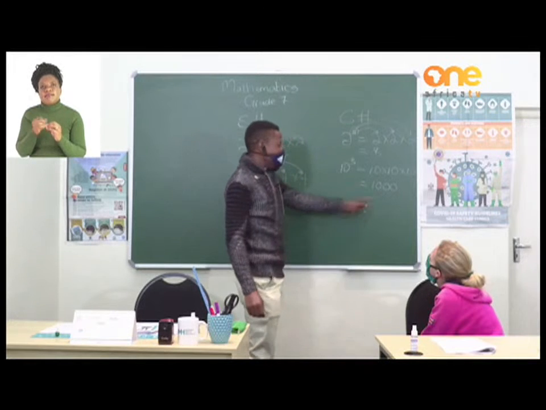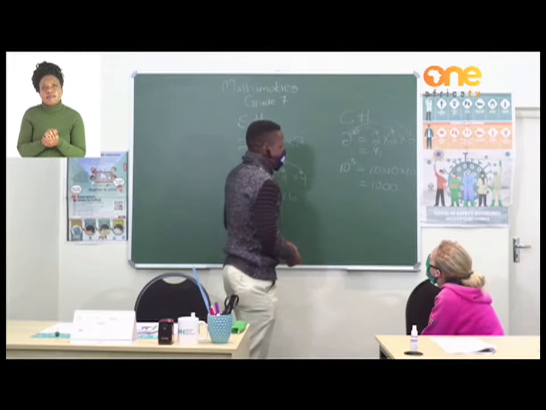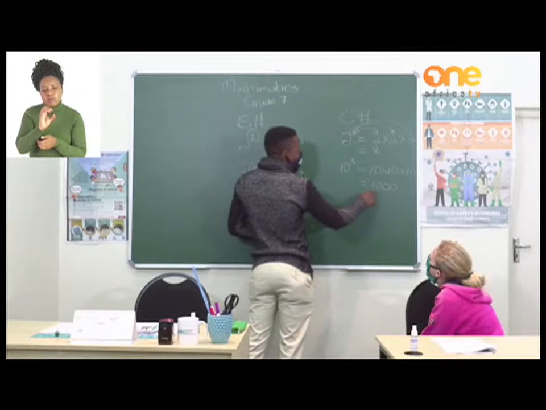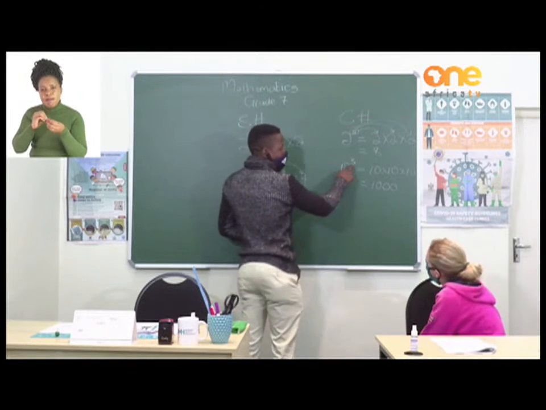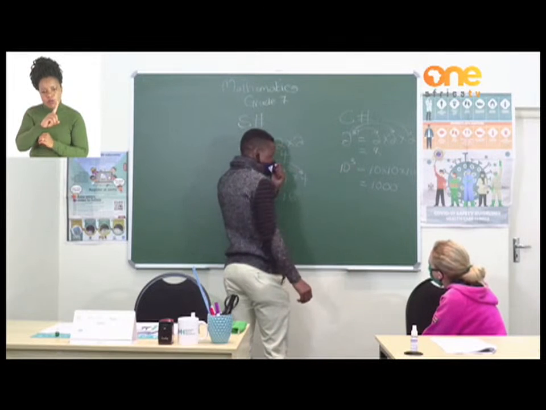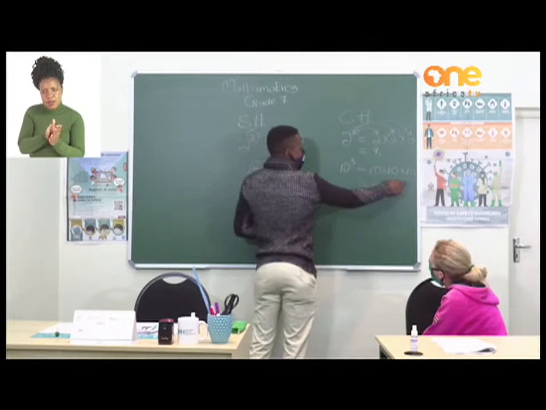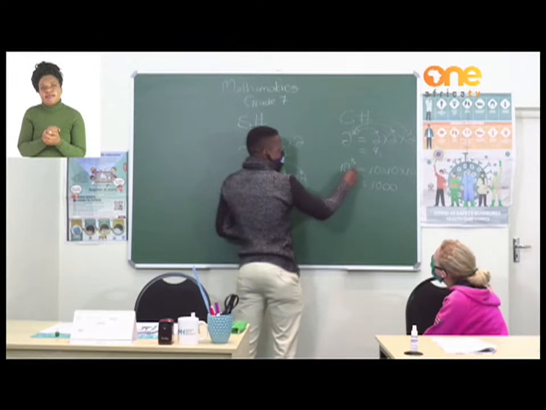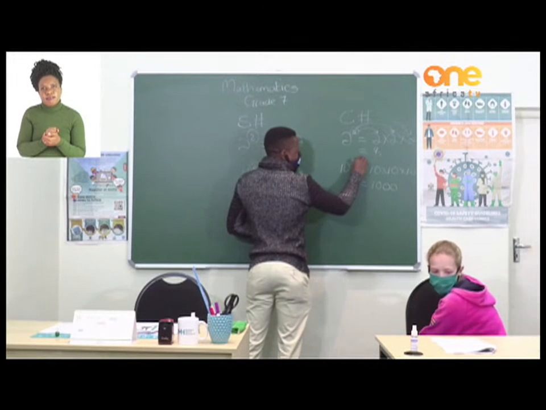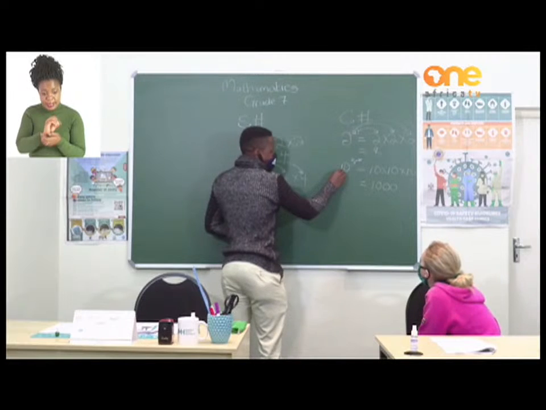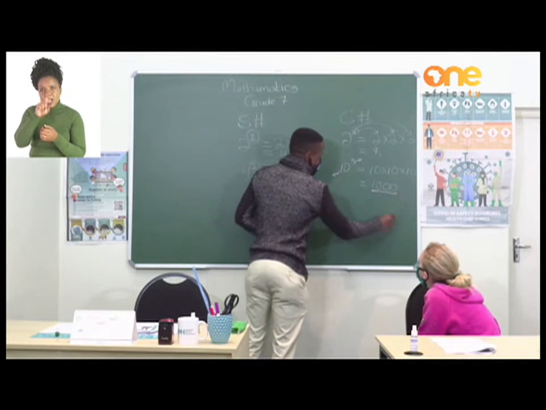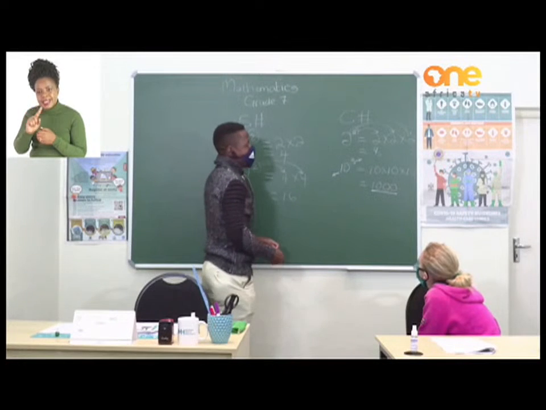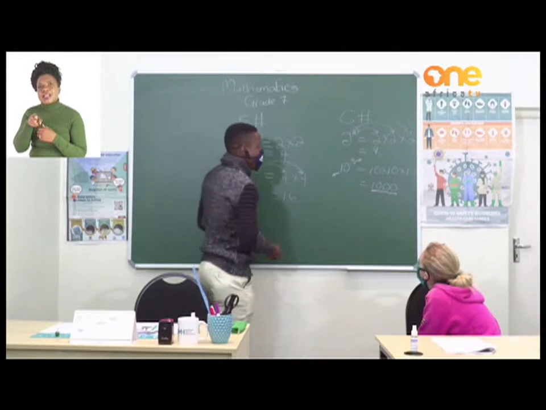So we say 1,000 is a cube number coming from 10 cubed, 10 times 10 times 10. This is an exponent, this is a base, and this is a cube number, or we can say the product.